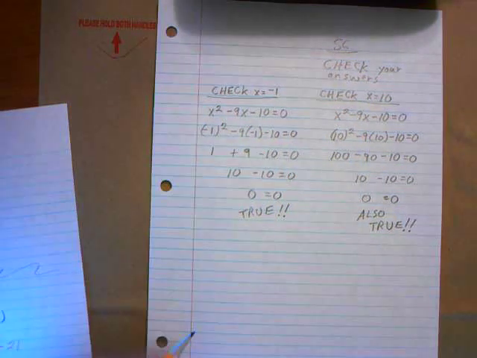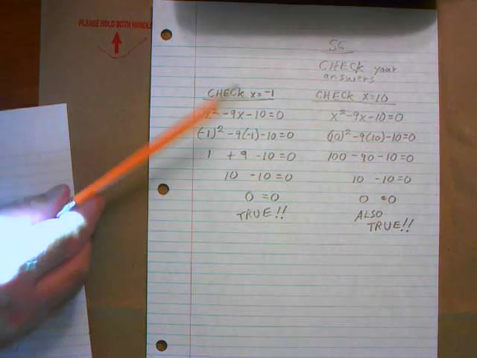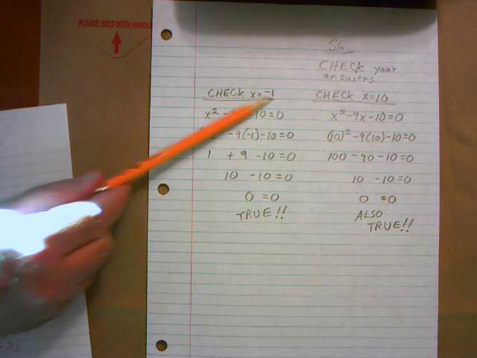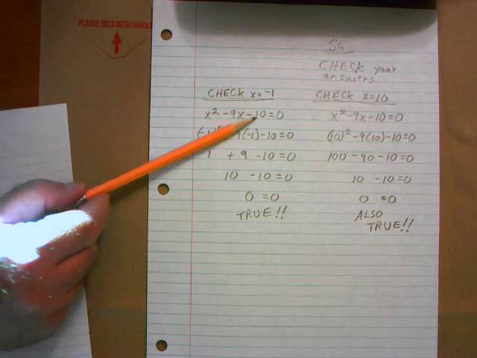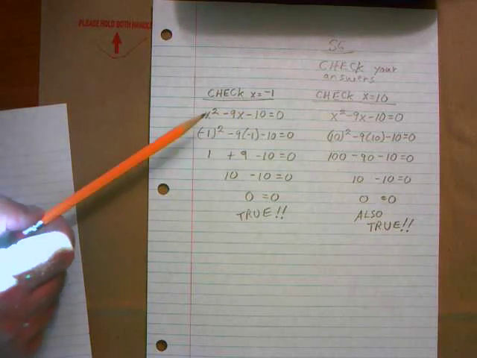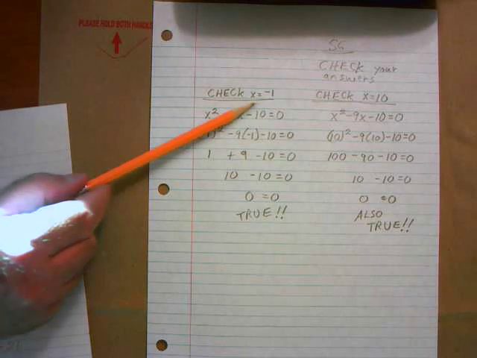Final step, step 6. We're going to check your answers. So let's see. Over here we'll do a check for x equals negative 1. We'll rewrite the equation, x squared minus 9x minus 10 equals 0. And everywhere we see x, we'll substitute in the negative 1.